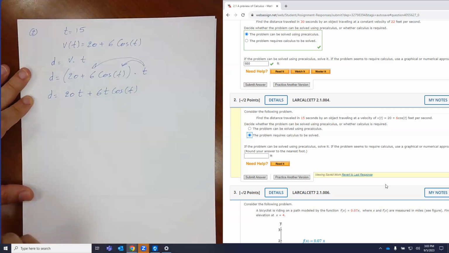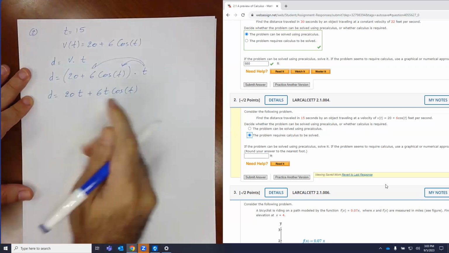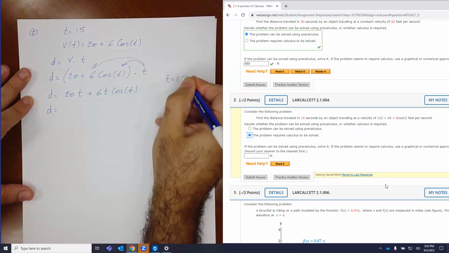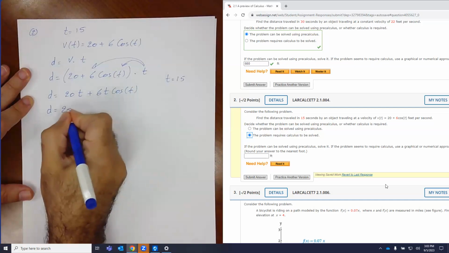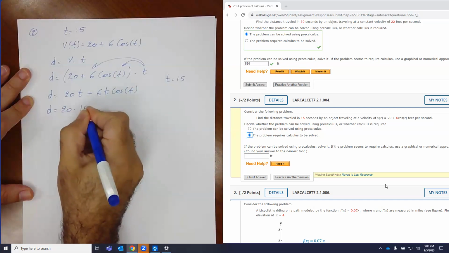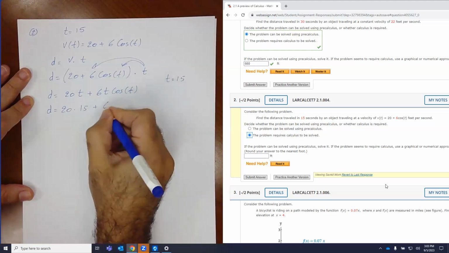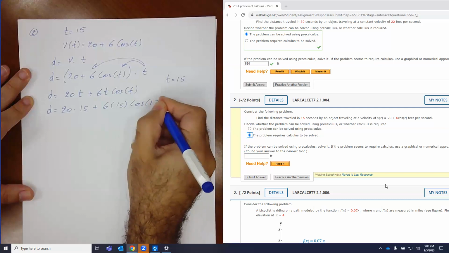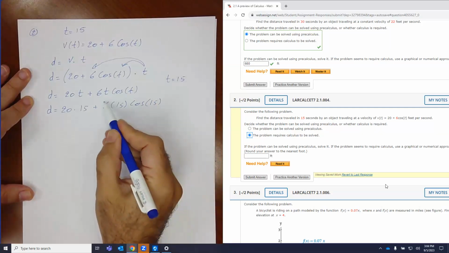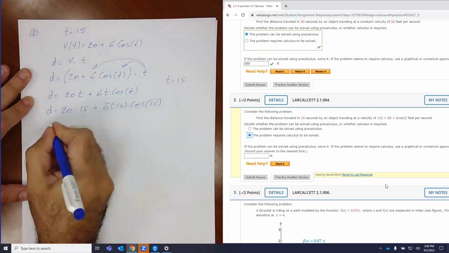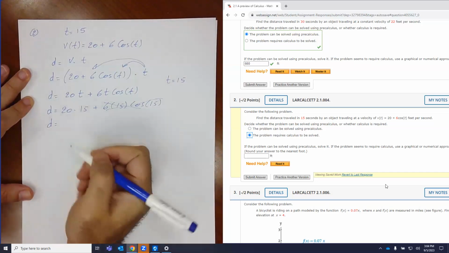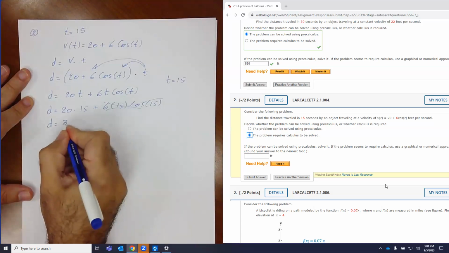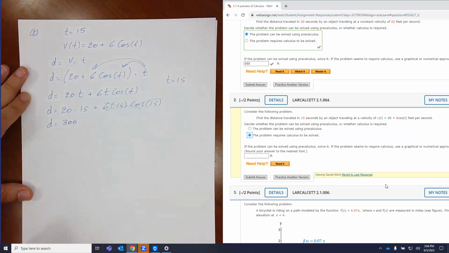Now I need an approximate solution. I'm going to plug in t, because t equals 15. So it's going to be 20 times 15 plus 6 times 15 cosine 15. I'm just going to ignore this part, and say the distance: 20 times 15 is 300.